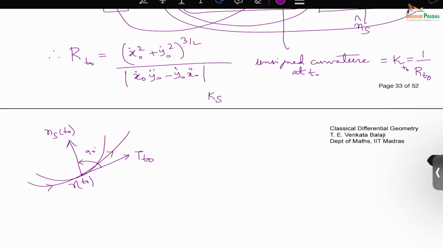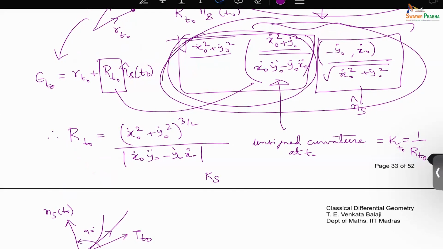Therefore, if I want to replace this term by curvature, I have to write 1 by k, but the problem is it may be a negative term, in which case I actually have to write 1 by k with k negative. So I have to put a sign on the curvature, and this is what is called a signed curvature. You get this sign exactly when the signed normal is pointing away from the center of curvature.